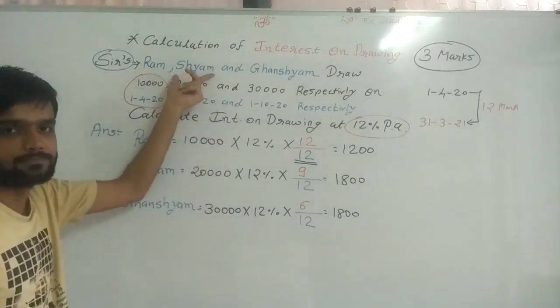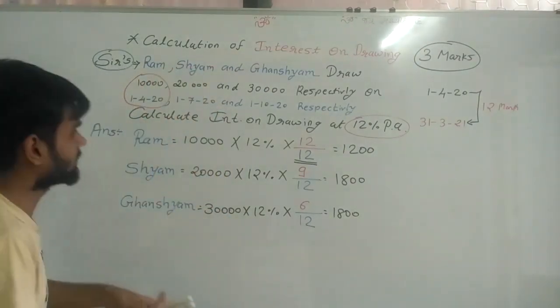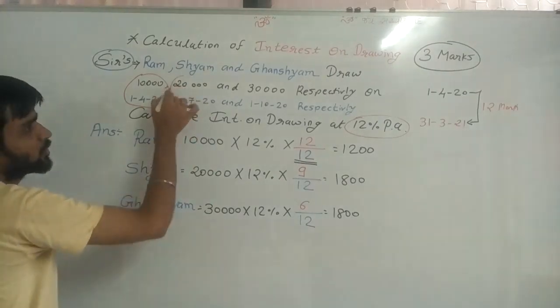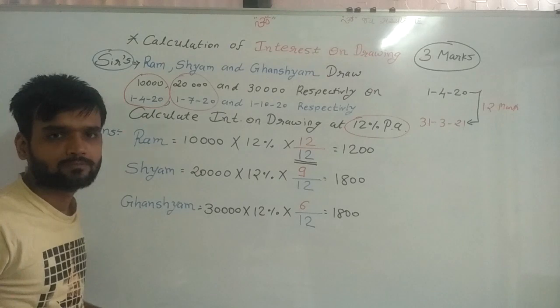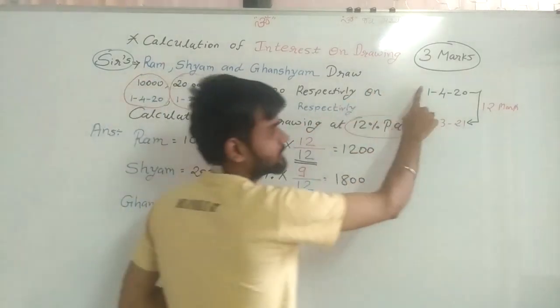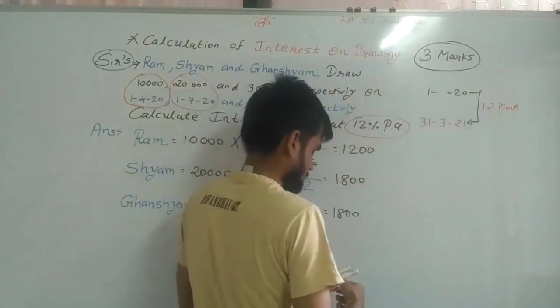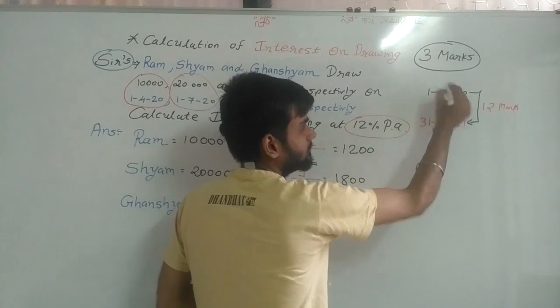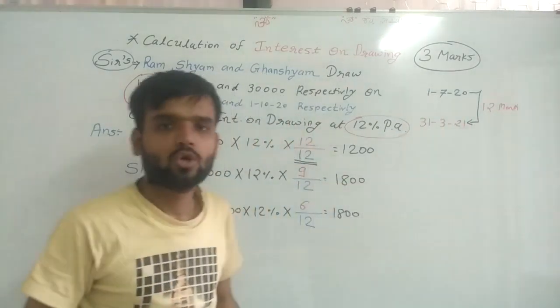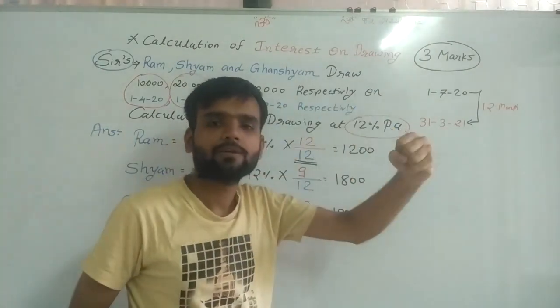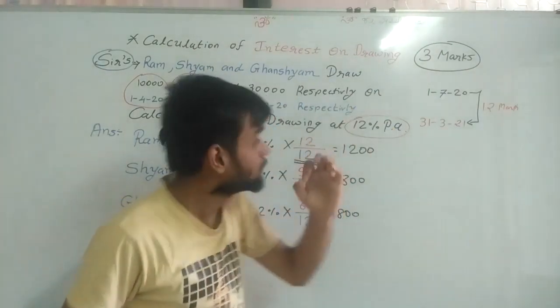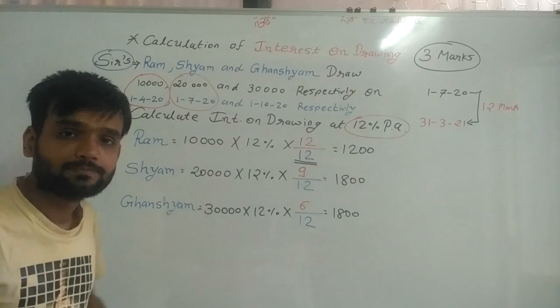Now for Shyam, again we can see here, Shyam has withdrawn 20,000 on 1/7/20. So change the date here: 1/7/20. On 1/7/20, Shyam drawing 20,000 rupees.